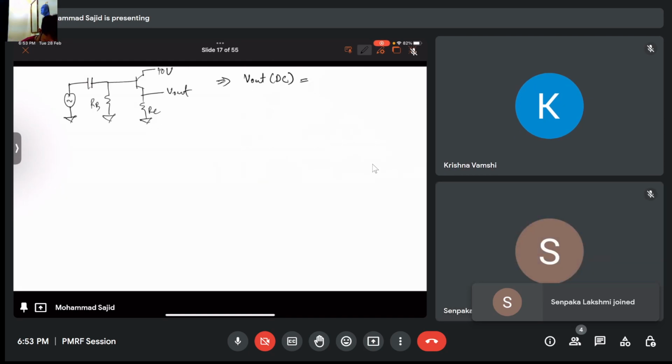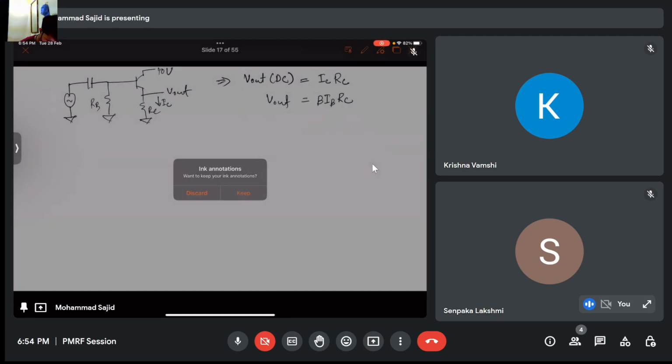And what is V output equivalent to? The current IC flows through RC, so it will be IC into RC. RC is given to us. Is IC given to us? No. But we calculated IB, right? So we can write beta times IB RC as V output.